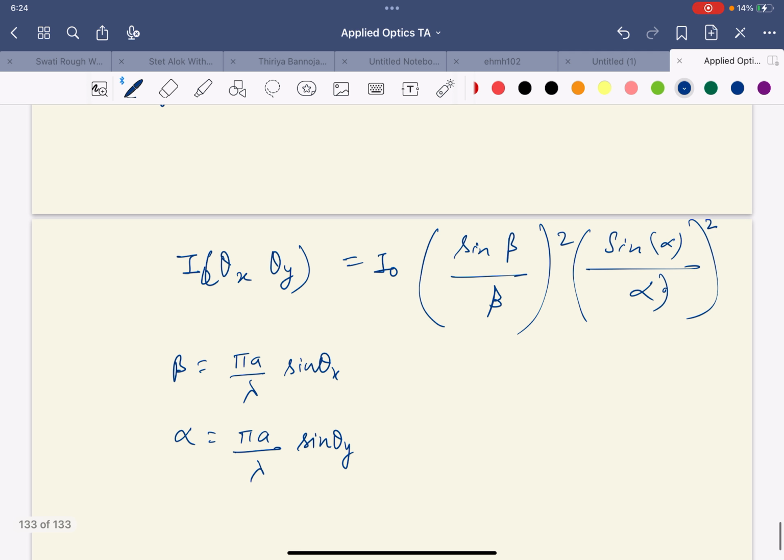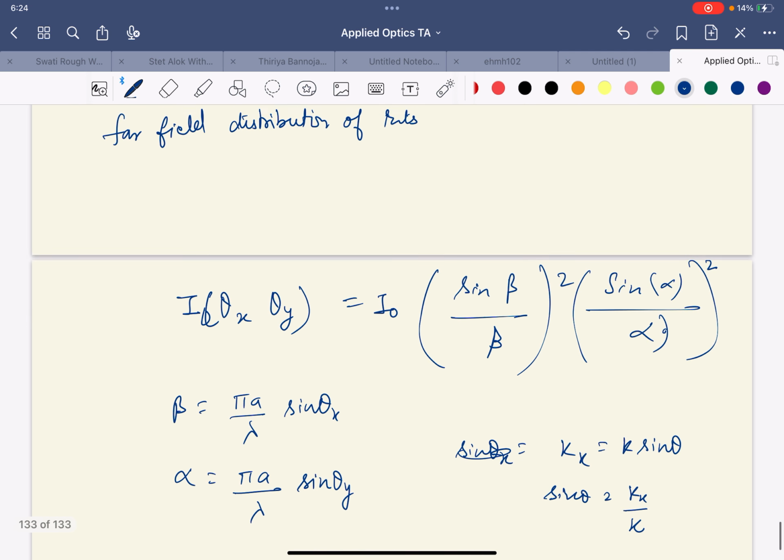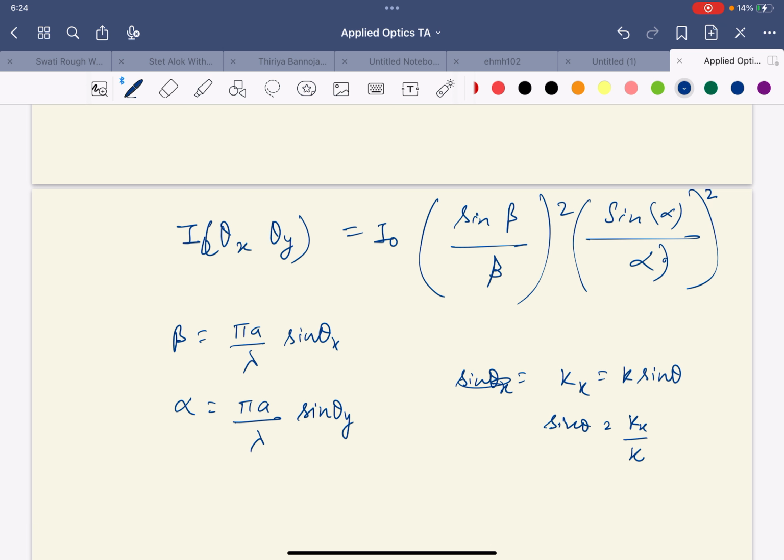So if you consider this sine theta x, this will be your kx divided by k, so it will be pi a kx divided by lambda.